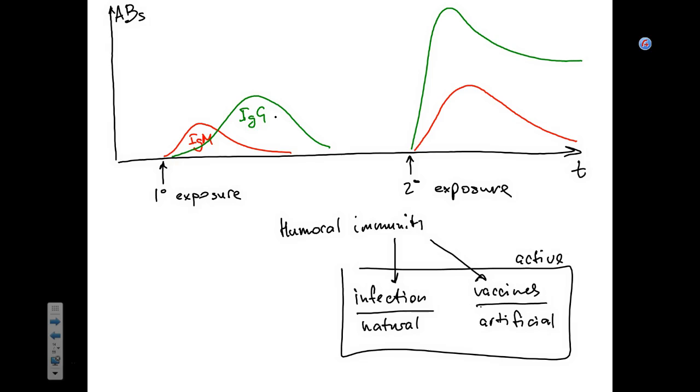Vaccines are going to induce active artificial immunity. Infection is going to induce active natural immunity. Is that clear? Can you get protected without being exposed to the antigen? How? Breast milk. Is that natural? Of course.